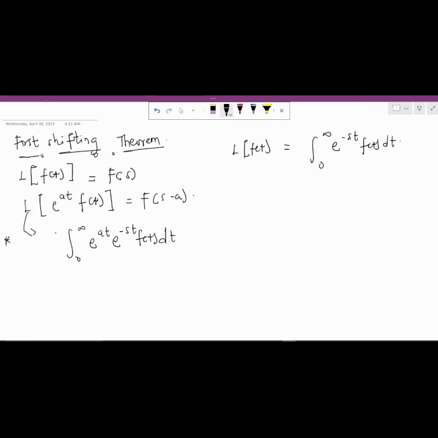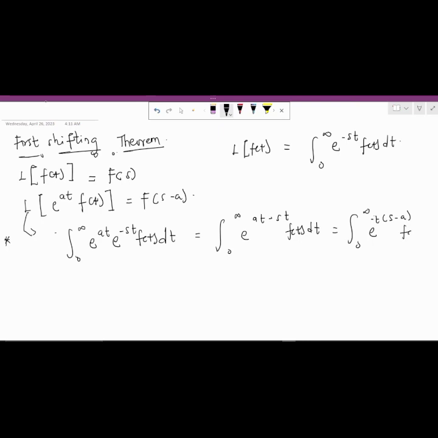From here, what do we have? We're going to have 0 to infinity. We can apply the law of indices here. We're going to have e raised to power at minus st f of t dt, which would give us the integral from 0 to infinity of e raised to power minus t times s minus a. If you expand this, you should get this back.